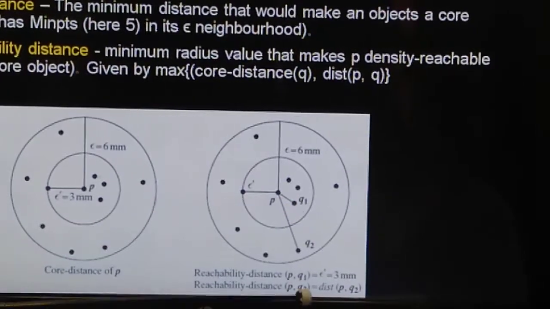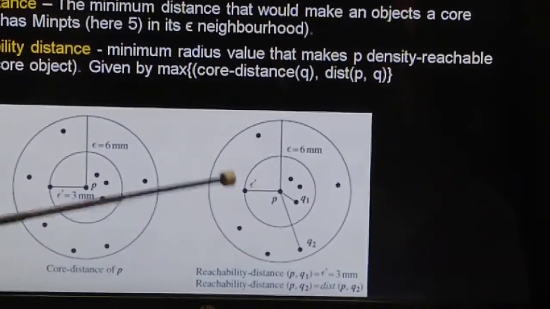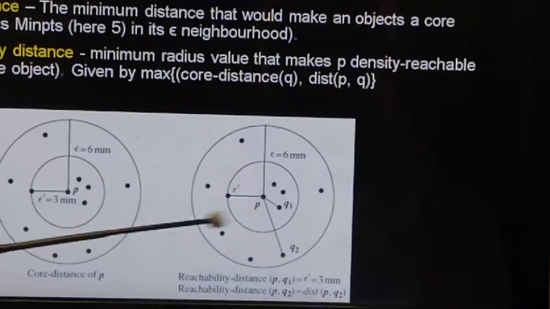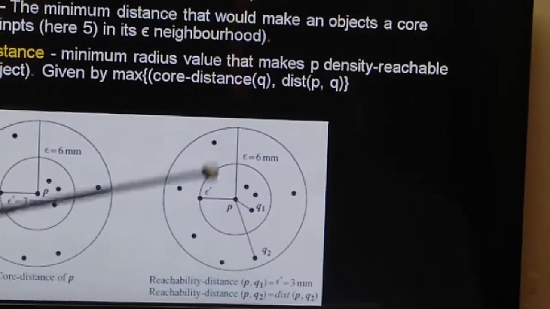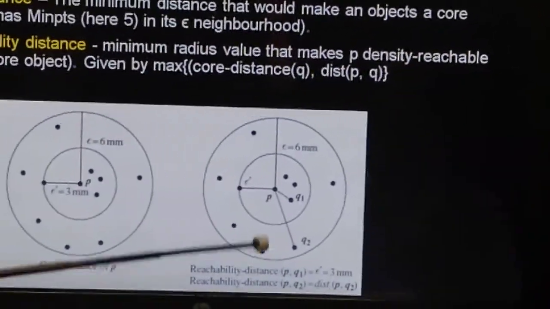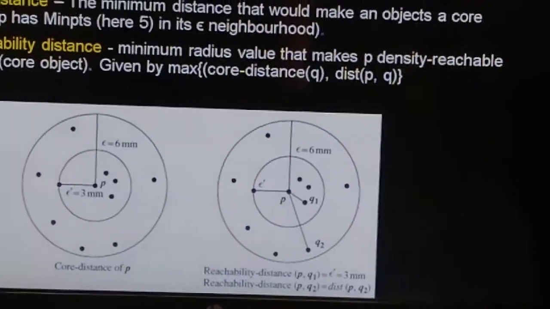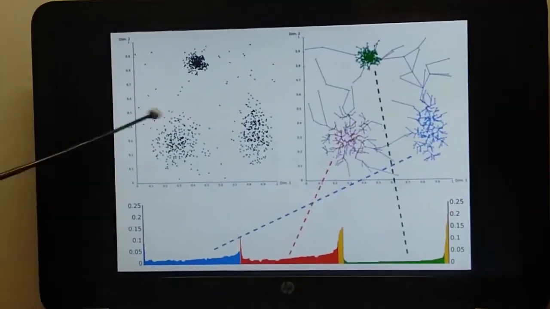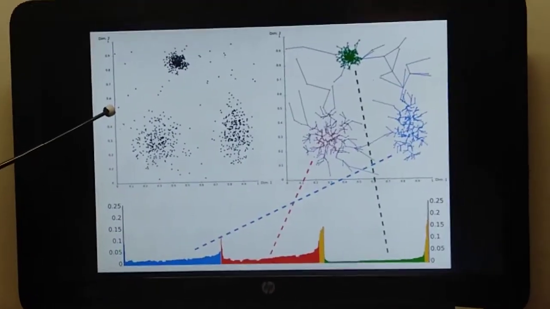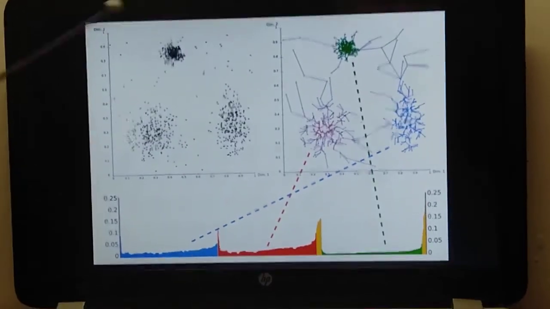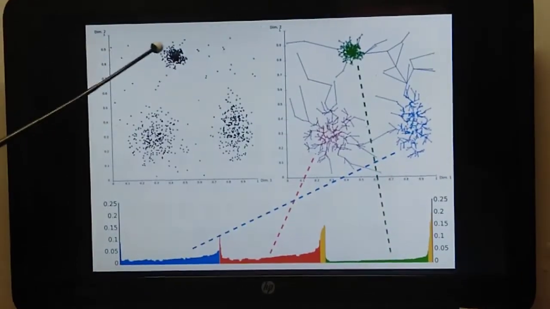Okay, now using this reachability distance, we can create arbitrary shapes. That's the only reason why we need reachability distance over here. Now, let's look at the way OPTICS works. This is our original cluster of points. So just with our eye itself, we can see that this is the tightest cluster.